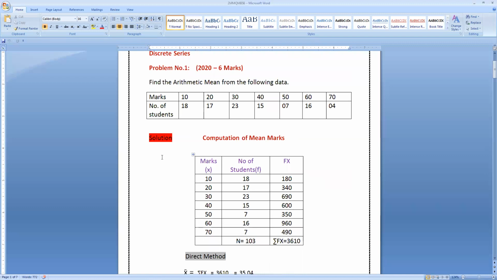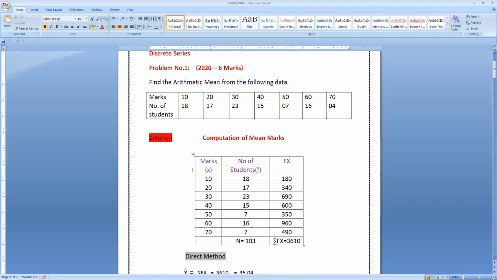Let us see how we can solve this question. Both series have been given: the variable values denoted by x, and the number of students denoted by f. If we apply the direct method, the mean is sigma fx by n.